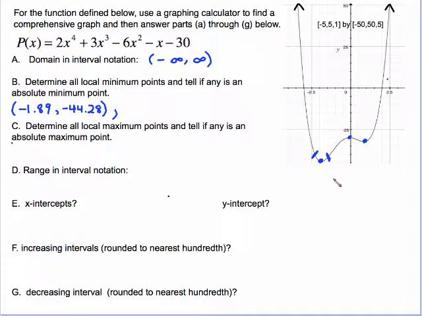So trace, get your cursor over just to the left of that point. So my cursor is sitting about right here right now. Now I'm going to hit second trace, hit minimum. Comes up, it says left bound. So in other words, are you happy with where you have placed your cursor?